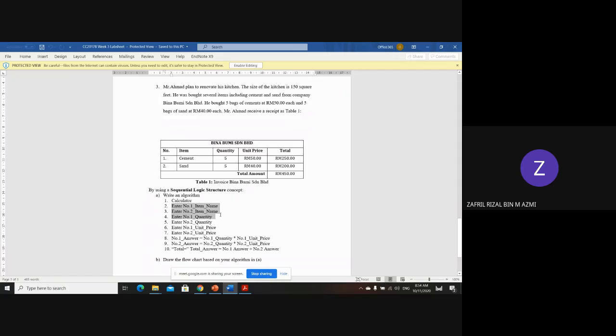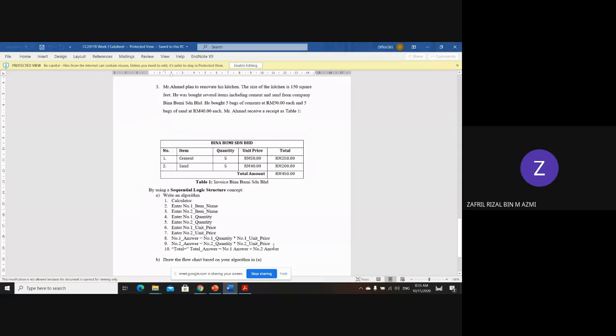So you enter the item first, and then all the quantities for the items and all the prices for the items. Okay, so it is correct. And then the calculation is also correct for the first calculation. Is it correct? Okay, also correct.